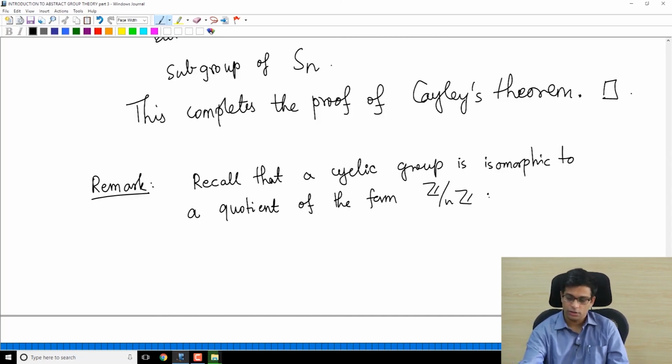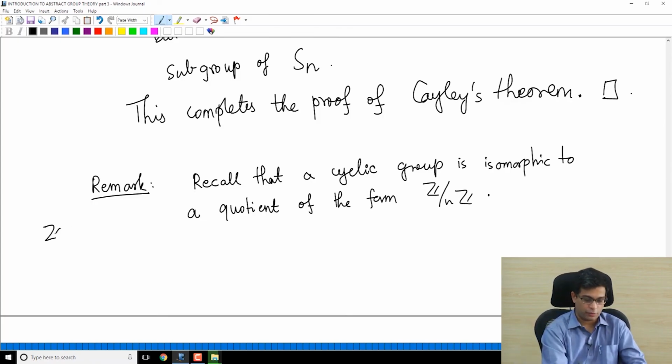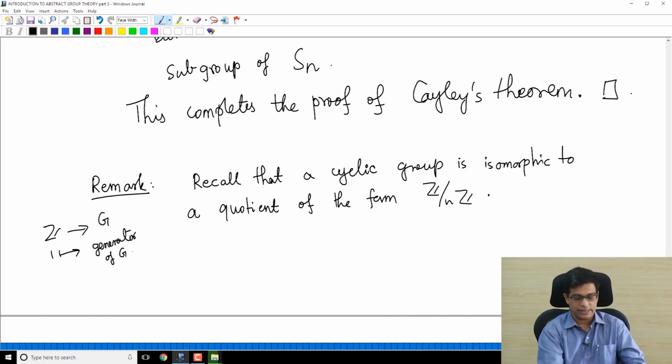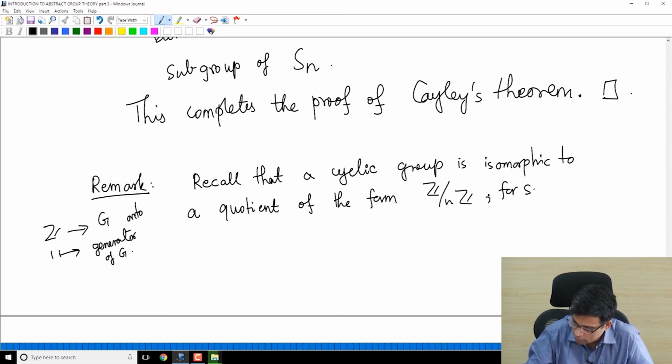So here also we are relating an arbitrary cyclic group to a well-known group like Z. So how do we show this? We take the map from Z to G, sending 1 to the generator of G. Because G is a cyclic group, this is onto, and the kernel is always of the form nZ for some n.